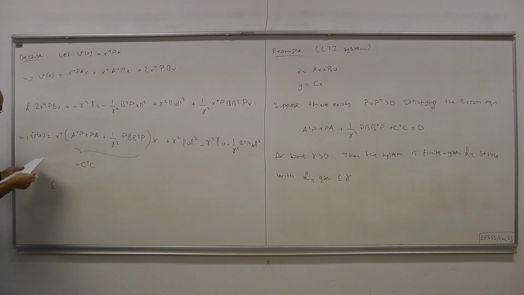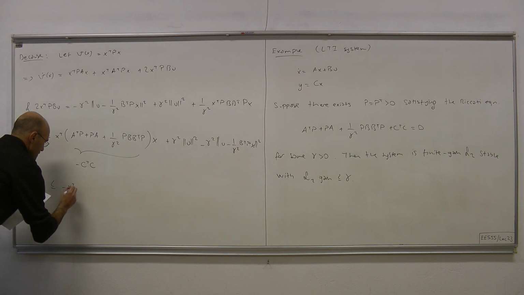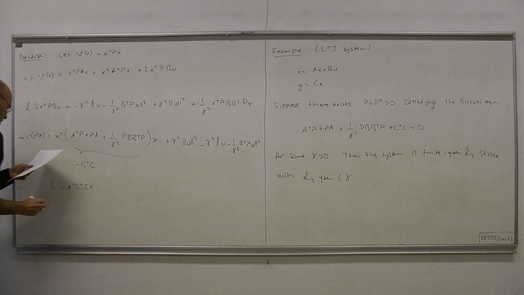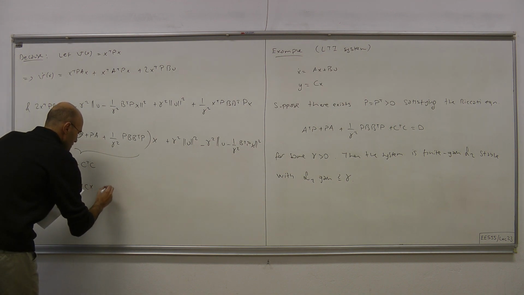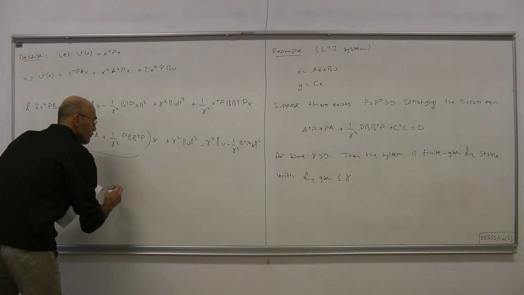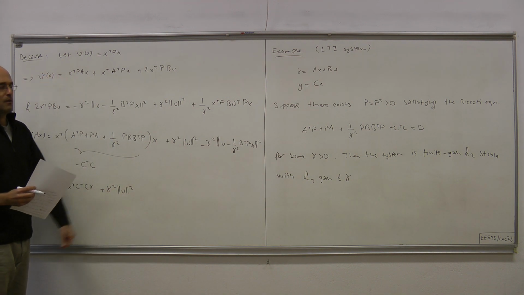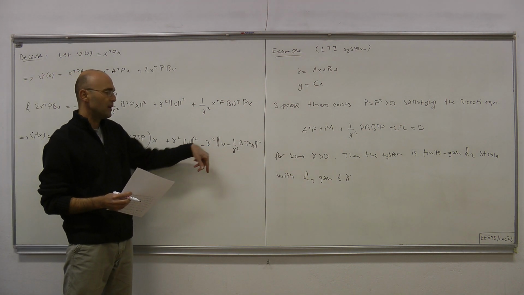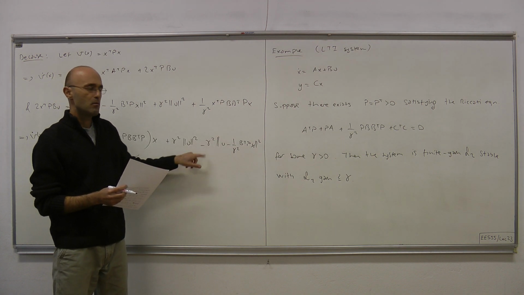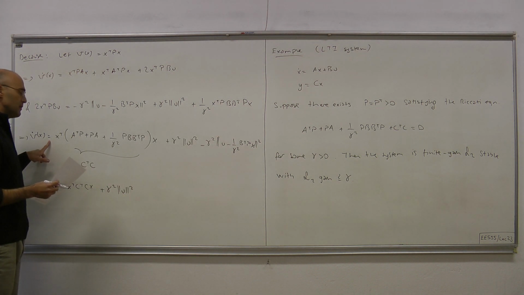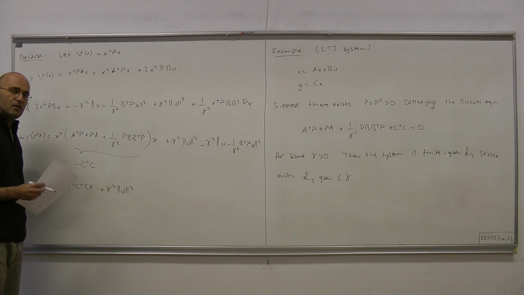This is less than or equal to minus x transpose C transpose Cx plus gamma square times the norm square of the input, because we simply discarded this term, since it's never positive, and the equality is replaced by this inequality.